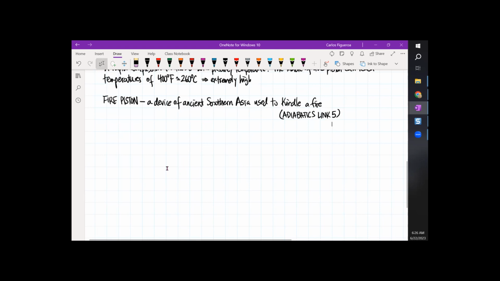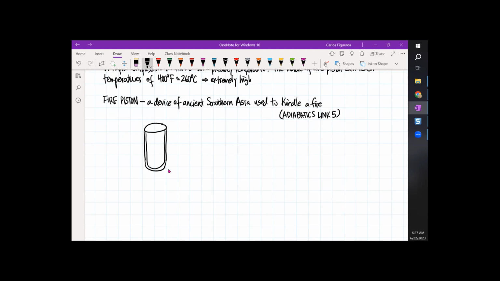So picture-wise, it looks something like this. You have a piston head. Let's see how well I draw this. I imagine that I have a piston head like this, and I need to insulate this thing. The way I insulate it is that I have a plastic or a glass wall to the piston here.